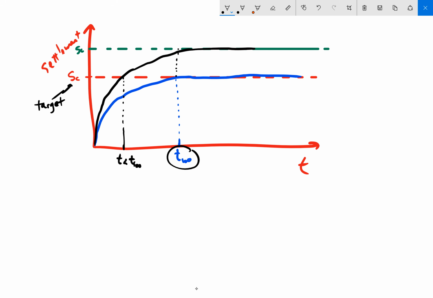We leave it on just a little bit longer, and then we take it off. So that once we take it off, say we bring it up and we take it off here, now our consolidation settlement is going to look something like this with time. That's the whole goal with using surcharge.